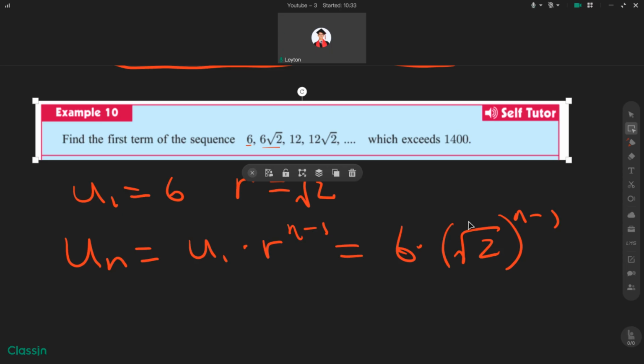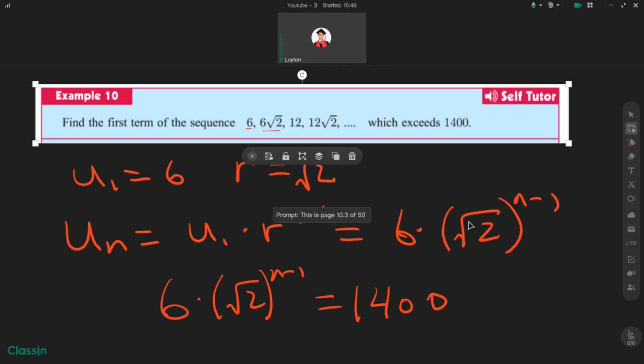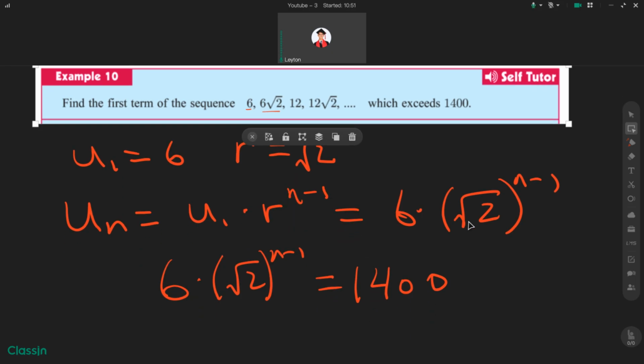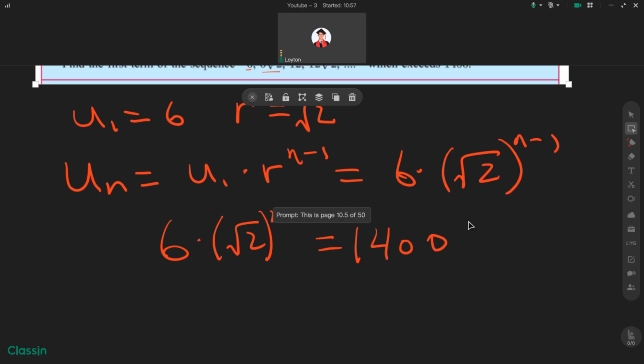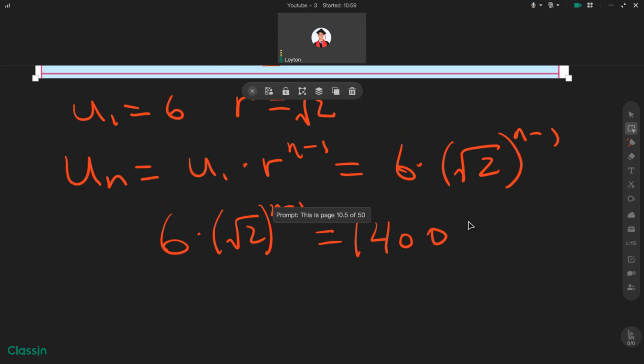And so we can equate that to 1,400. So 6 times root 2 to the n minus 1 power is equal to 1,400. And we have to see when that's over that. So probably best to use a graphics calculator, or you can just plug and chug and just keep trying until it works.